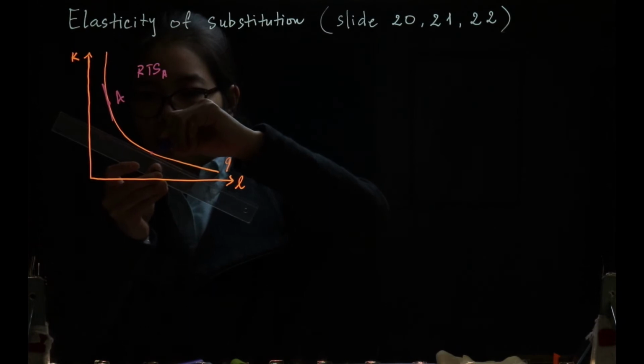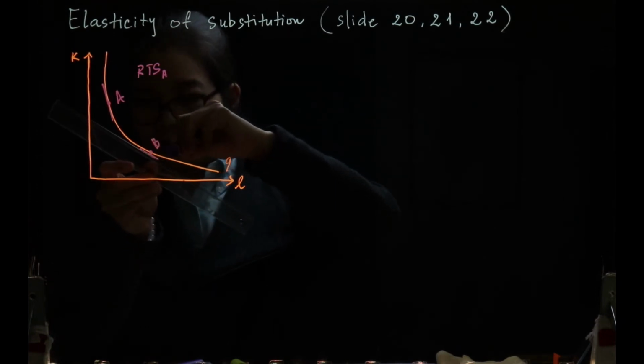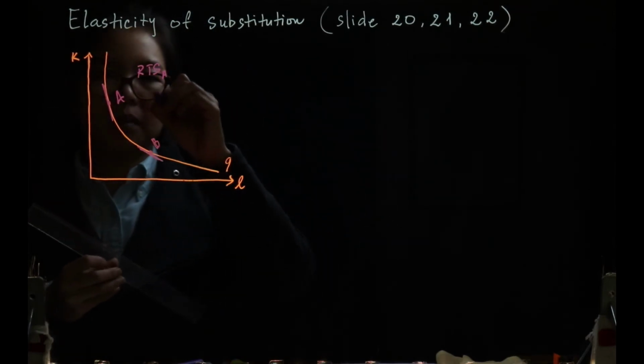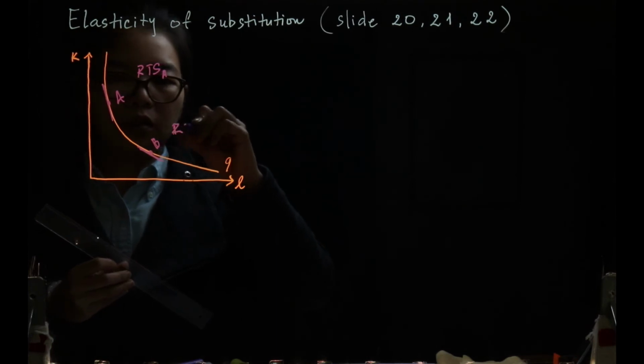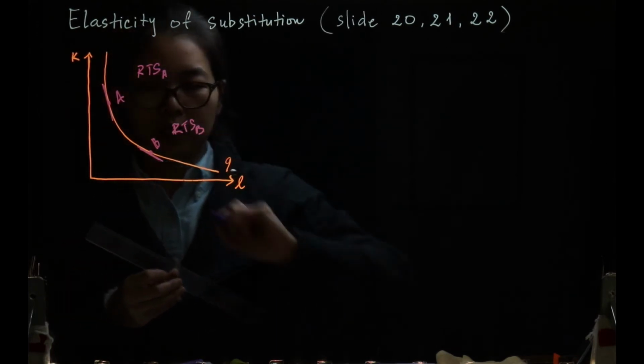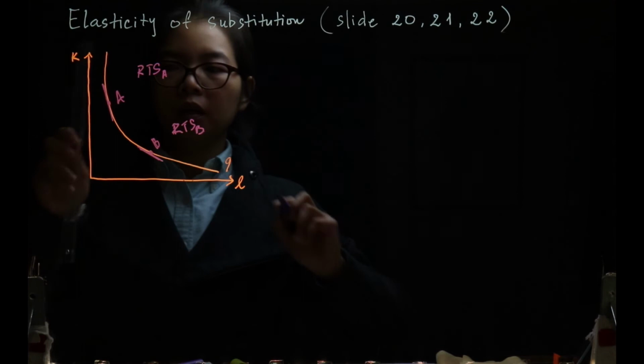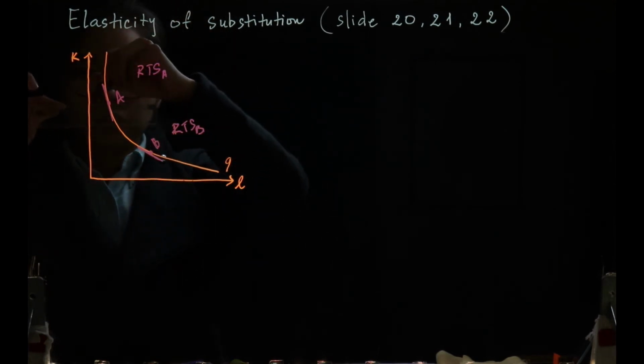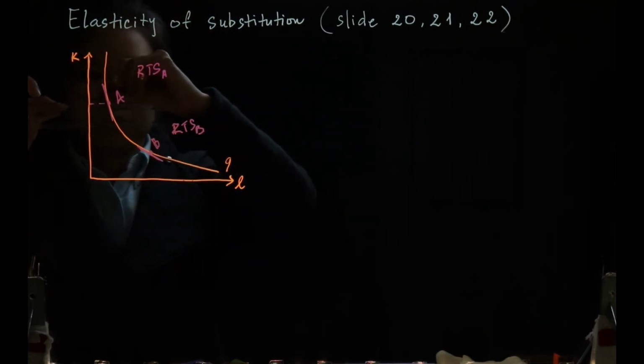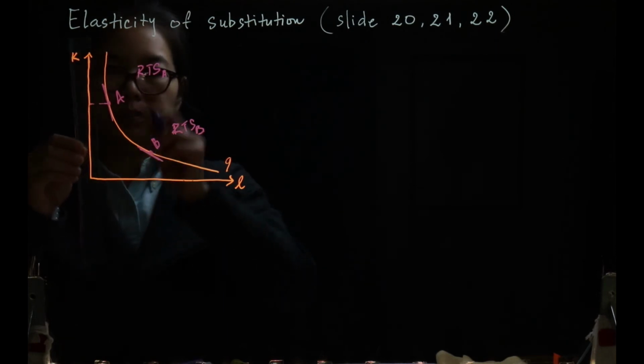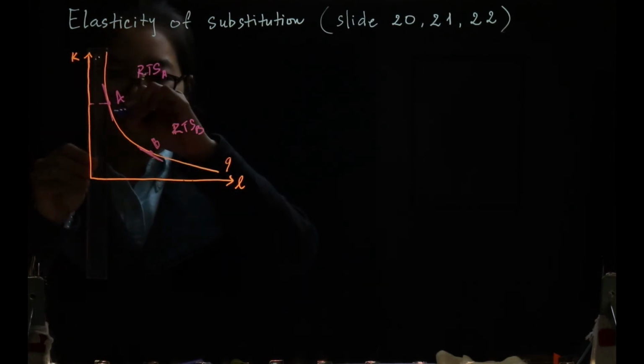And here you have another point B, which the slope is the minus of the RTS B, right? And think about what happens when you move from point A to point B.